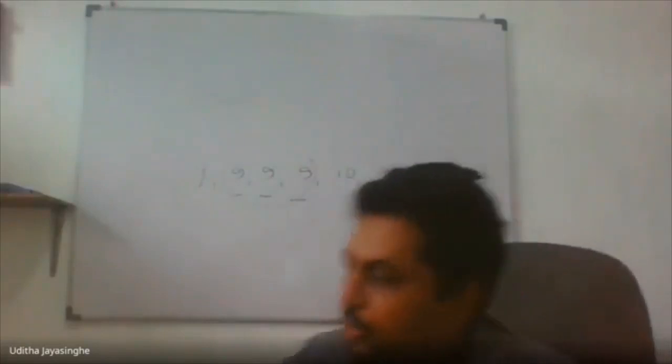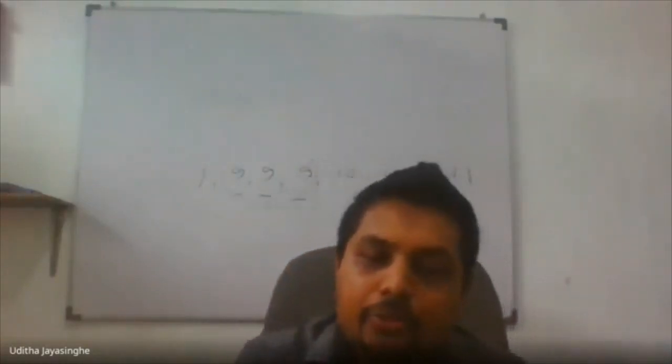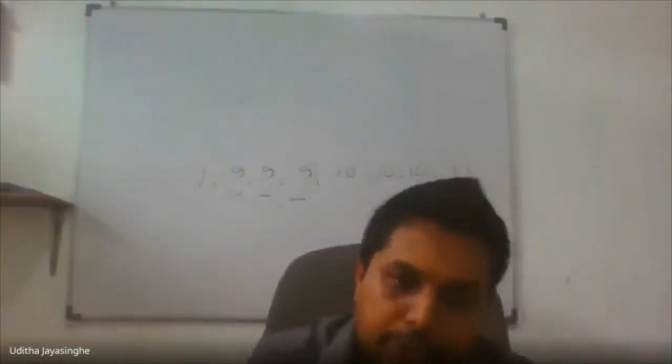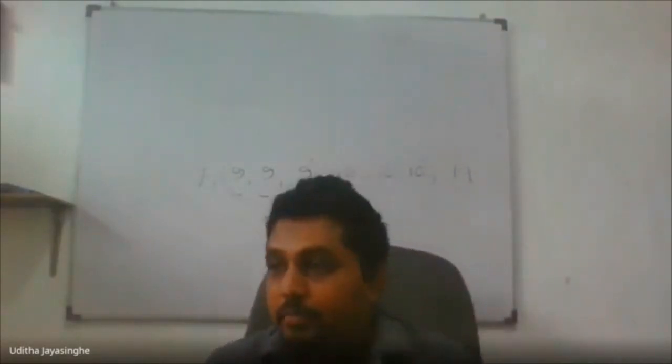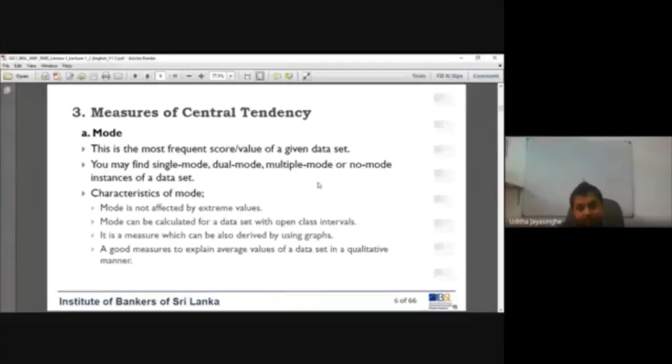A particular given data set could have one mode, or it could have multiple modes, depending on whether you have one most occurred number or the same frequency for a couple of numbers, like in this example, where you have 3 nines and 3 tens in the data set. That's the second point I have stressed here. You may find single mode, dual mode, multiple mode, or no mode instances of a particular data set.